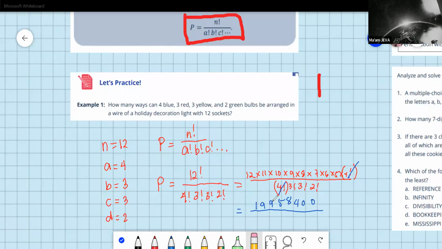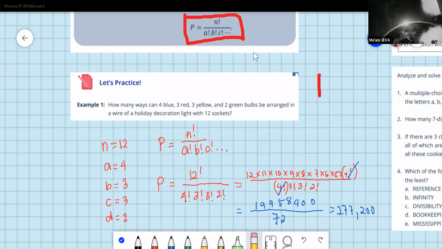Are you following class? So therefore, you have 277,200 ways to arrange the wire of a holiday decoration with 12 sockets.